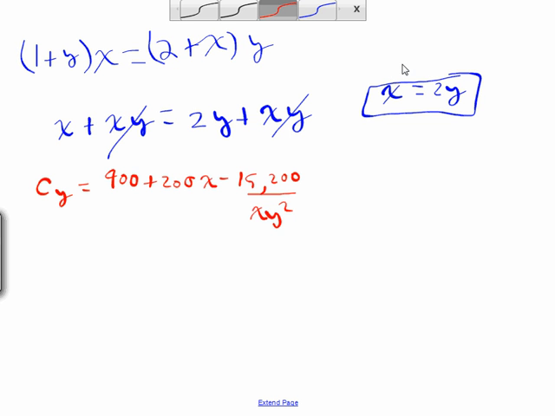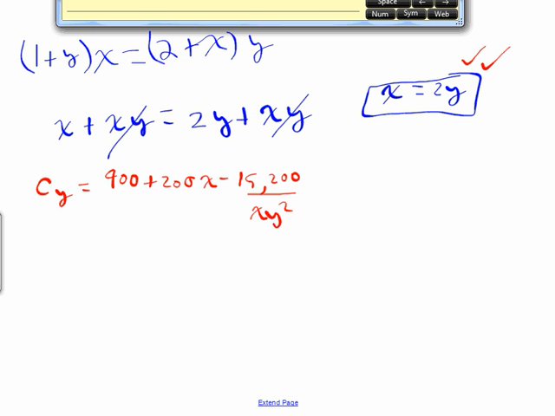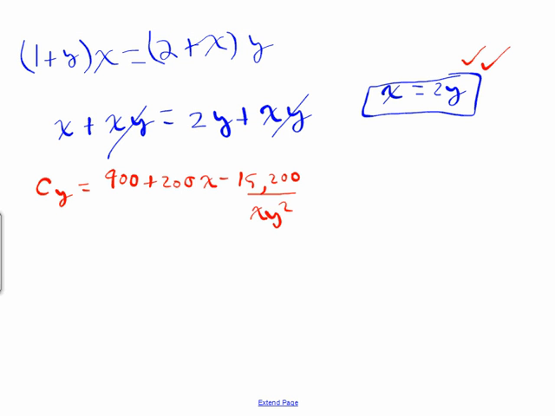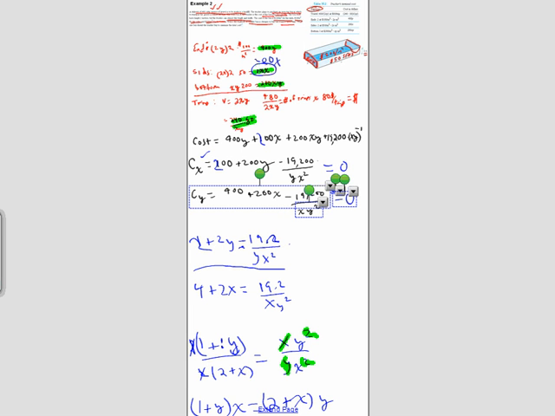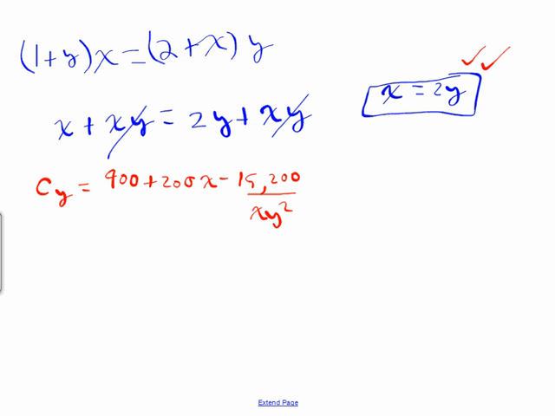This relationship that x must be 2y, we got from setting the partial derivatives equal to 0 and then solving.